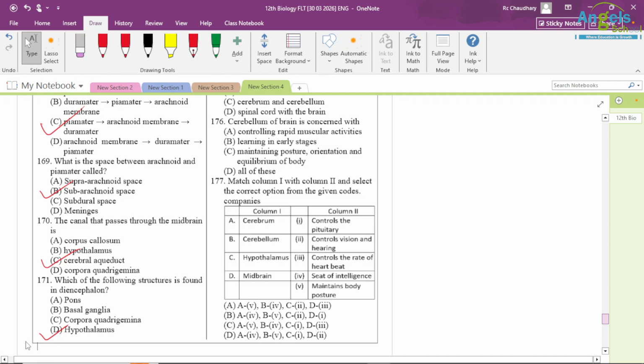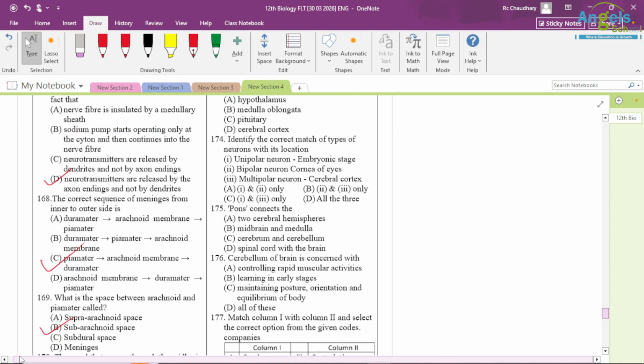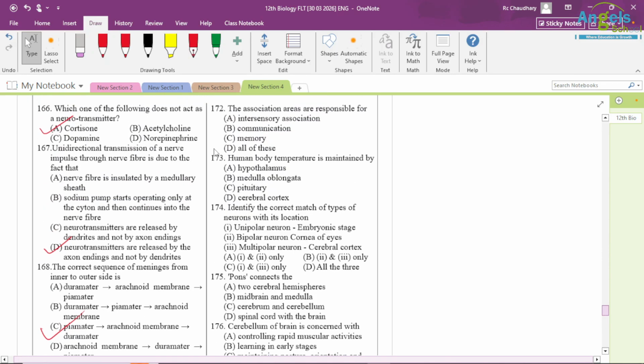Association areas are responsible for intersensory association, communication, and memory. So all are correct. Question number 173. Human body temperature is maintained by the hypothalamus. Identify the correct match. It is a repeated question and you get good marks.